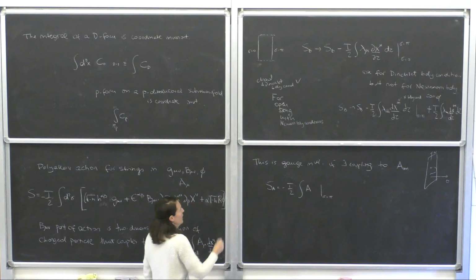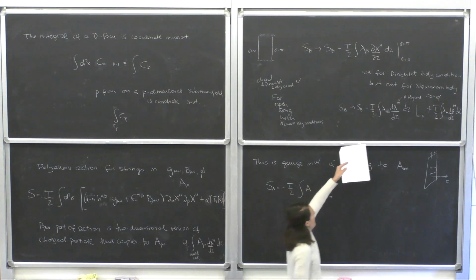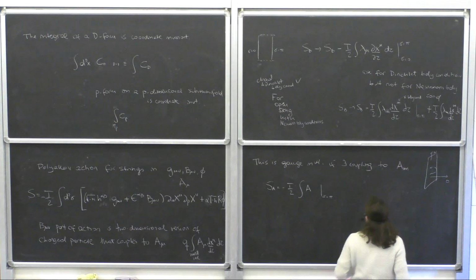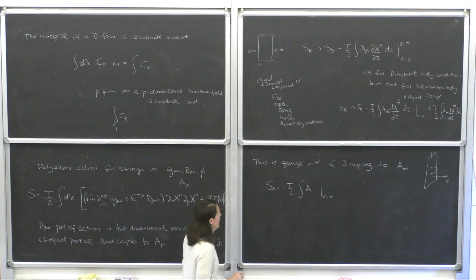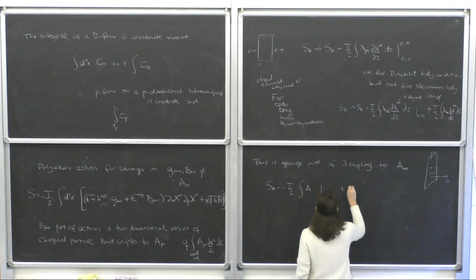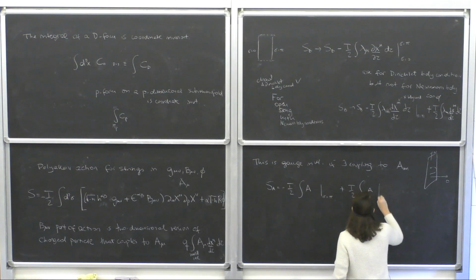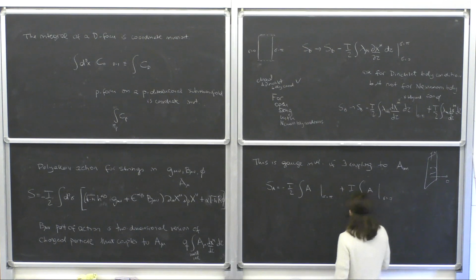So at one endpoint of the string, by this A, I mean A_M dX^M, d tau. So I write it as the integral of a one form, and then plus T over 2 the integral of A at sigma equal 0.